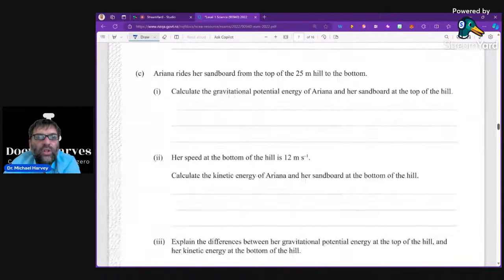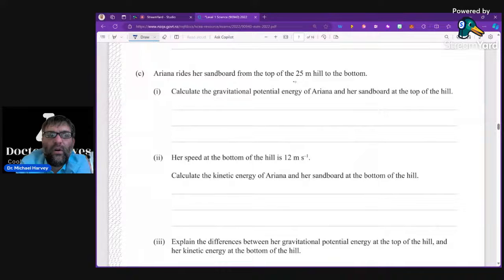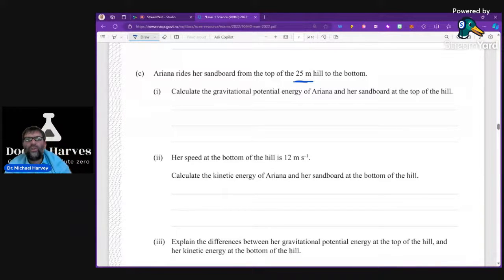Okay, so next question says Ariana rides her sandboard to the top in the 25, so looking at distance again. Calculate the gravitational potential energy of the sandboard at the top of the hill. Okay, so again, we look at the things we've got. We have mass, we have gravity, and we have height.